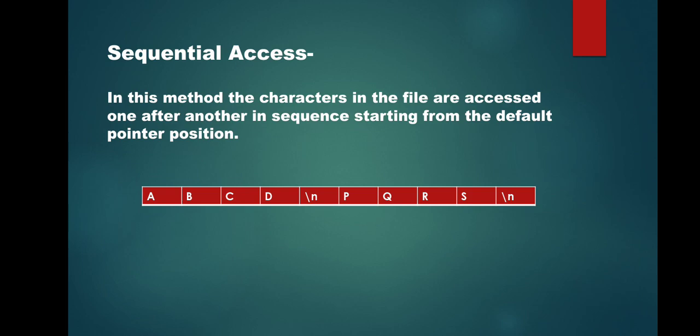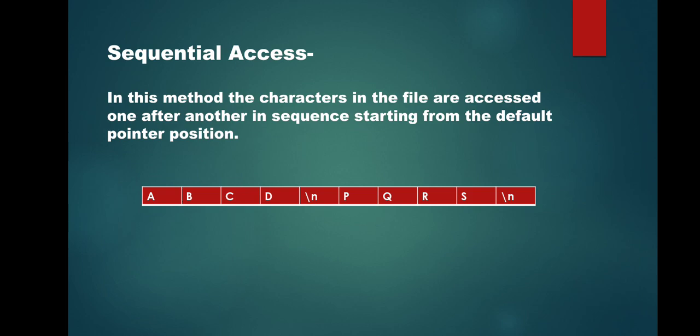In this method, the characters in the file are accessed one after another in sequence starting from the default pointer position. Suppose this is my file content where I have written two lines. The first line is ABCD, ending with a newline character. The second line is PQRS, again ending with a newline character.